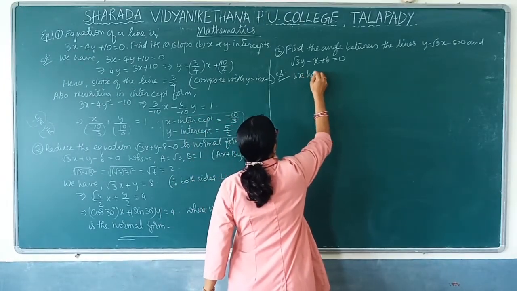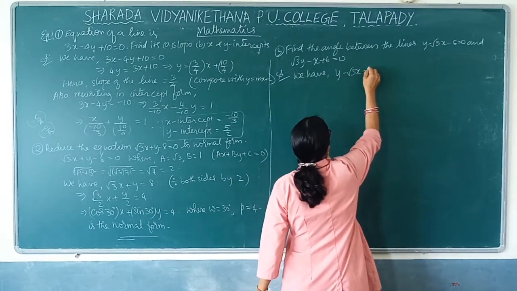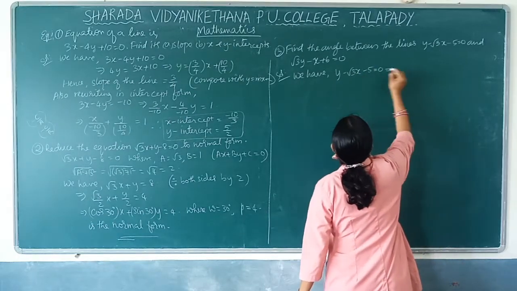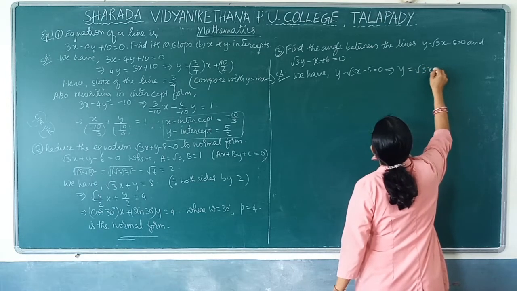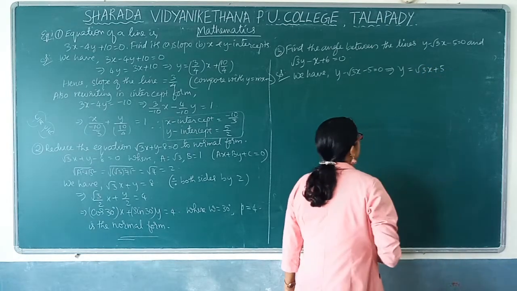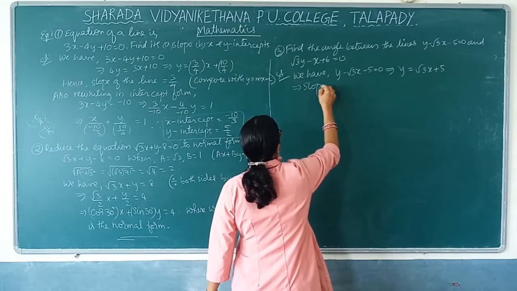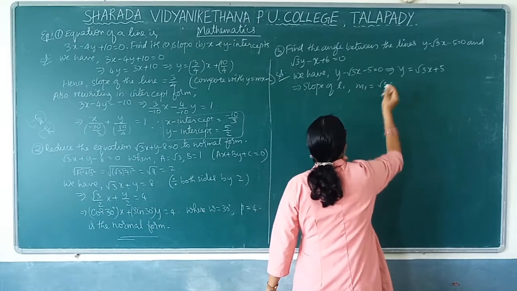So you rewrite in the slope intercept form. Y minus root 3x minus 5 is equal to 0 can be written as y is equal to root 3x plus 5, these two come the other side. Implies slope of line 1, slope of L1, you can write it as m1, that is equal to root 3.